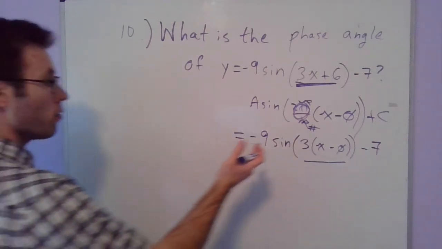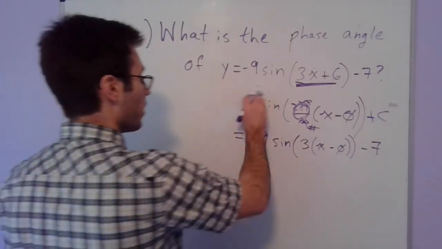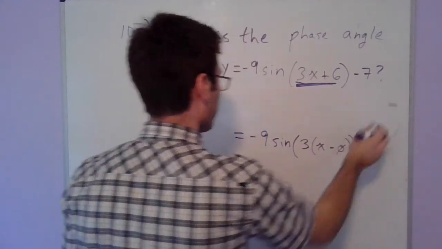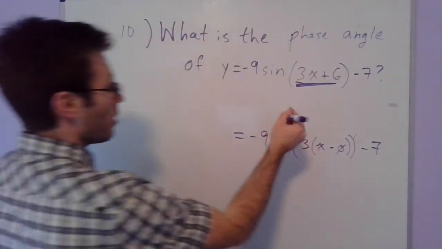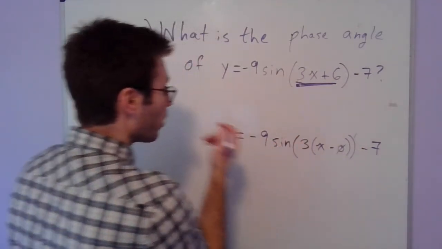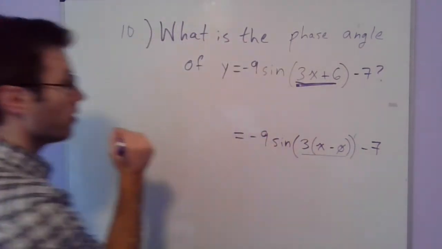So I'm pulling out the 3 right here. That's the trick. I'm pulling out the 3, that number right there, and I'm just seeing what phi would equal.